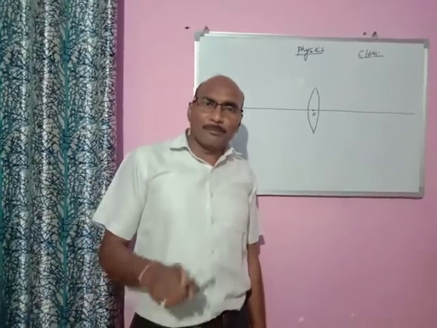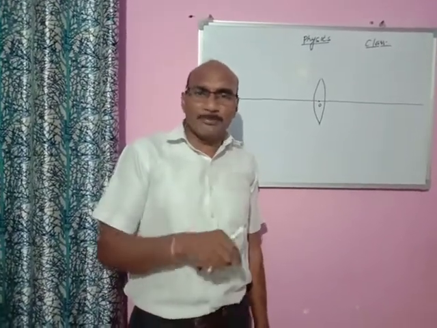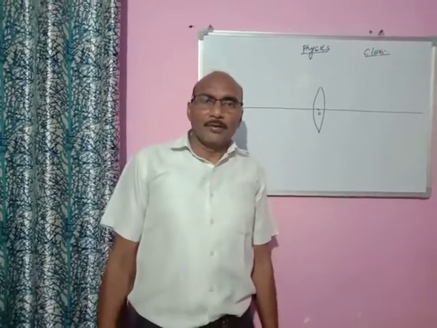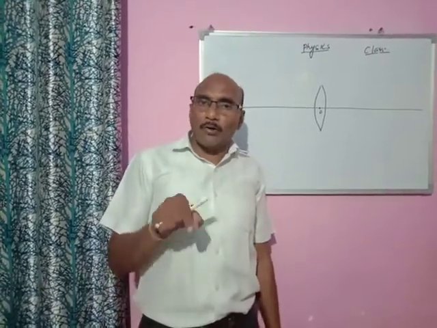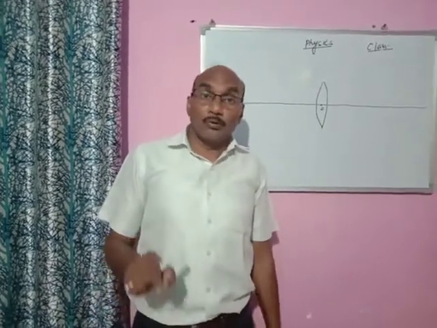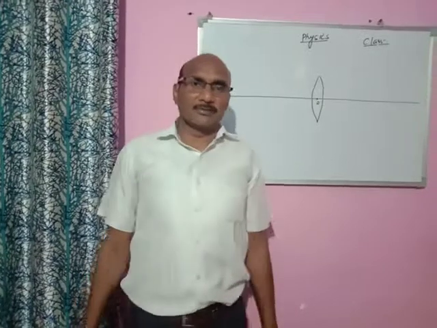The first focal point is the point on the principal axis from which, if light is incident on the surface of the lens, it goes parallel to the principal axis.